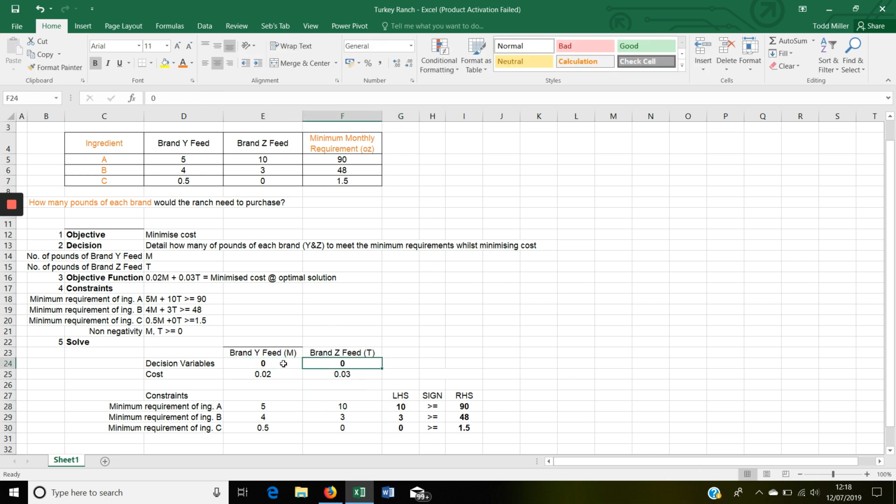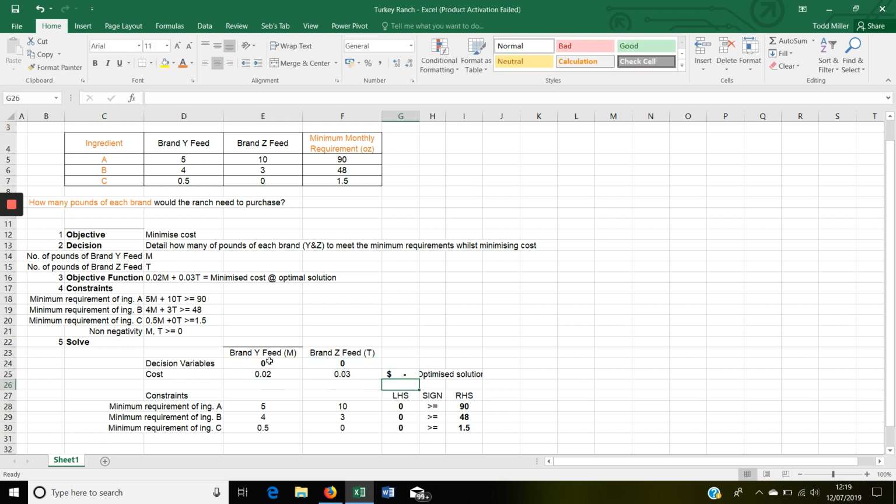These formulas are working well. The final thing we want to do is to include our objective function, and that is 0.2 multiplied by m plus 0.03 multiplied by t, as seen here in the objective function.